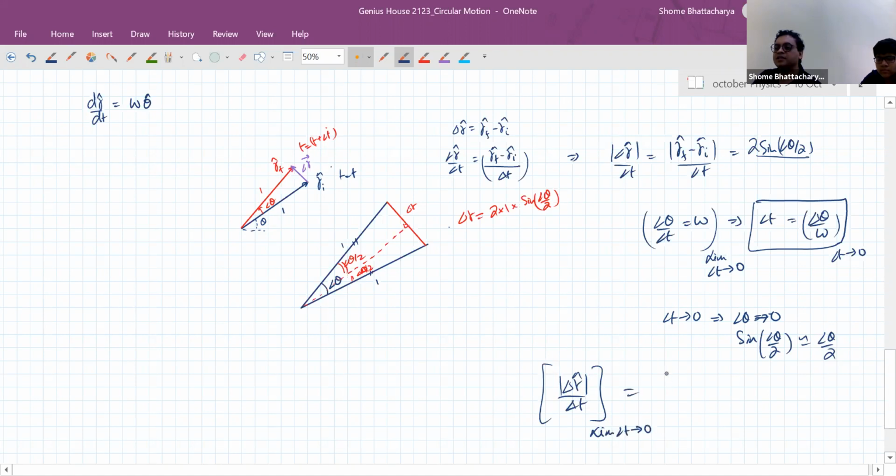This is becoming 2 omega sine delta theta by 2 divided by delta theta, with the limit that delta theta is tending to 0 or is very small. The moment I apply this limit, I can write the numerator sine delta theta by 2 as just delta theta by 2.